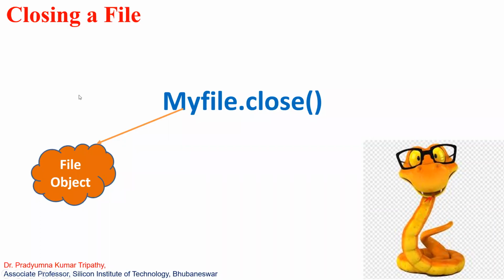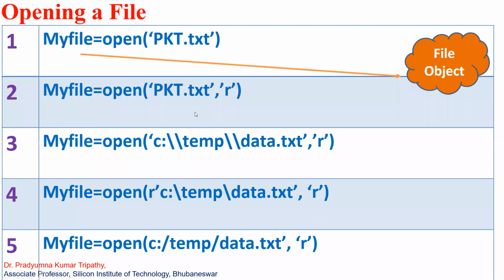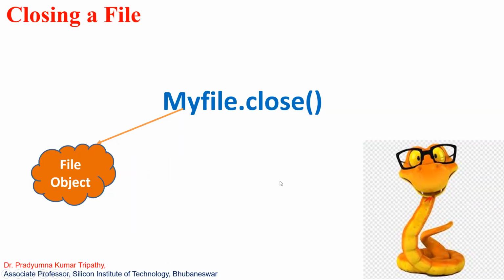As you can see over here, this is the file object. Suppose I have taken my file, then I will write my file dot close. So automatically the file will be closed by removing whatever the memory is allocated, referenced, those will be reclaimed. Correct? The file can be closed by using file object dot close.